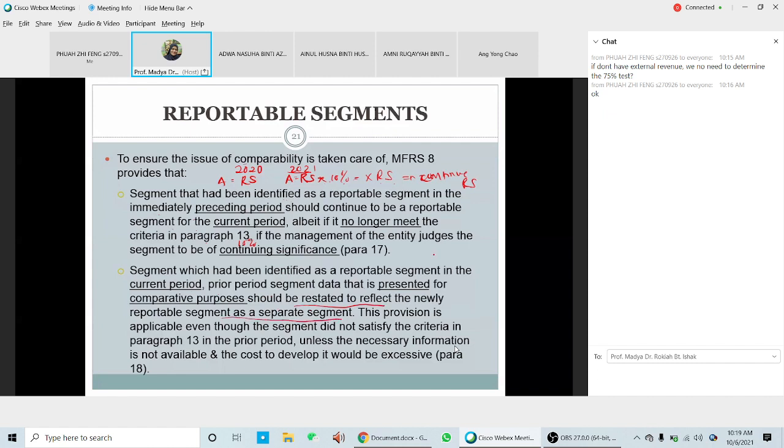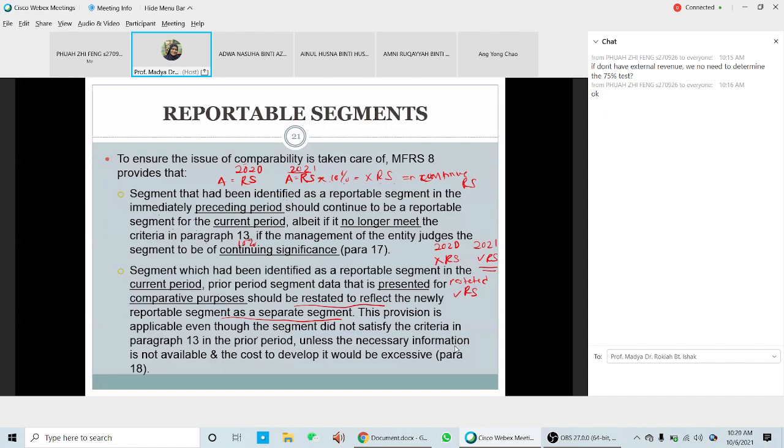For example, in the year 2020 the segment did not fulfill the criteria as a reportable segment, but in the year 2021 this segment becomes a reportable segment. So for the purpose of comparability, in the year 2020, we need to restate, and then this one is also reported as a reportable segment. So this is for the purpose of comparability.